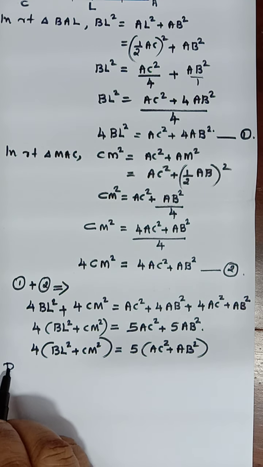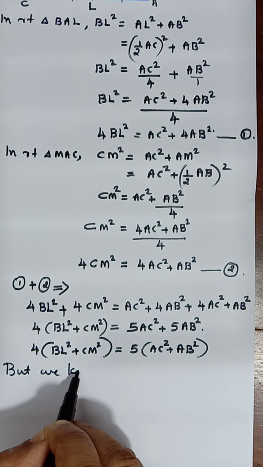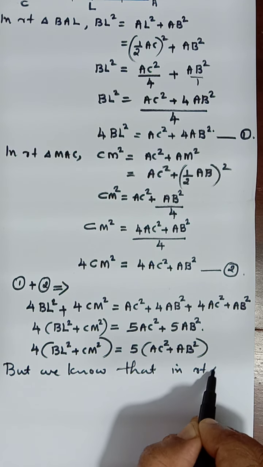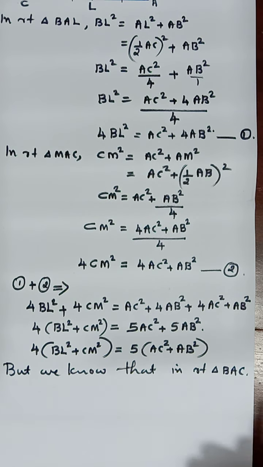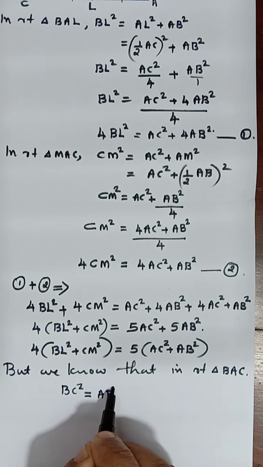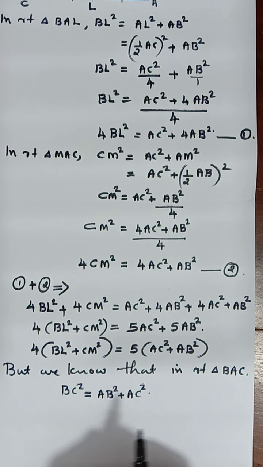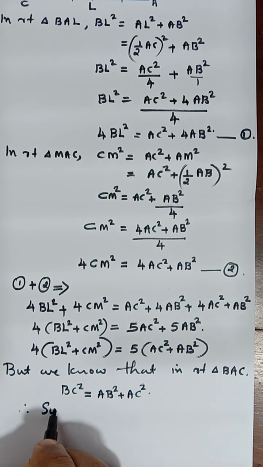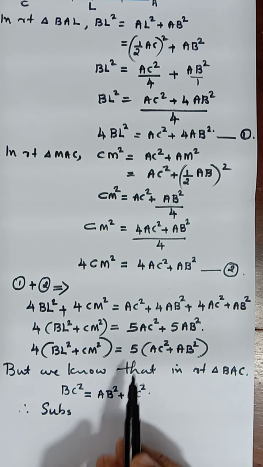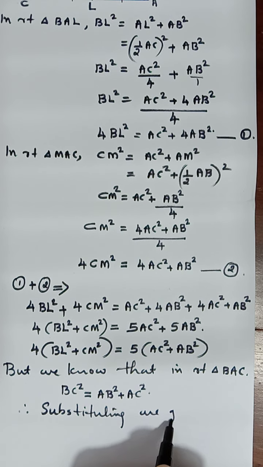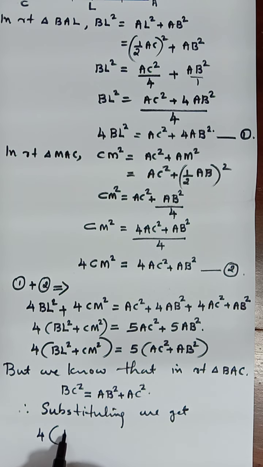But we know that in right triangle BAC, BC square is equal to AB square plus AC square. Therefore, substituting in this, what do we get? We get 4 into BL square plus CM square.